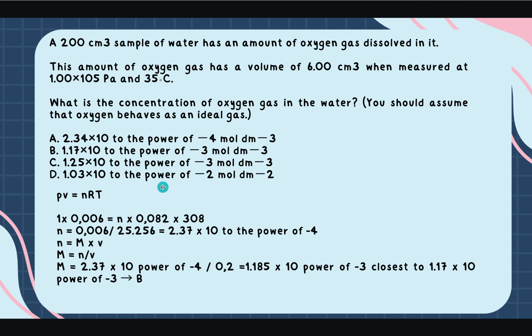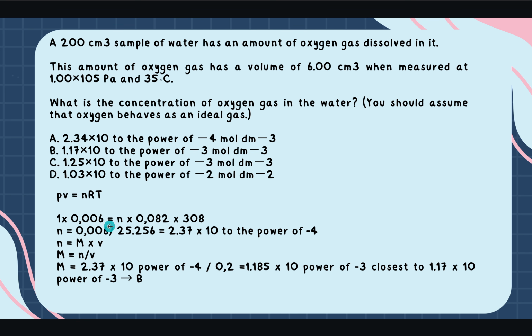To find the answer to this question, we use the ideal gas equation, which is PV equals nRT. The pressure is 1 because 10 to the power of 5 pascals is 1 atm, times 0.006, which is 6 milliliters converted to liters.